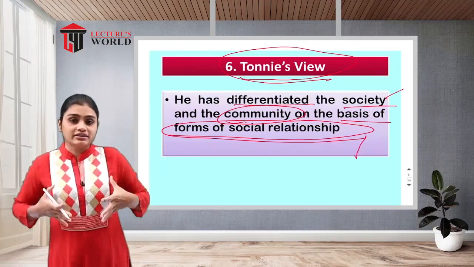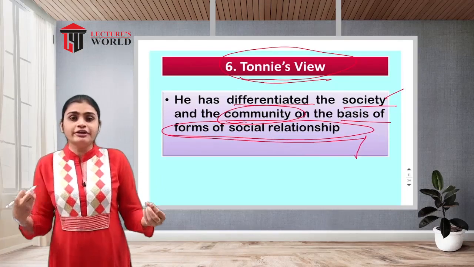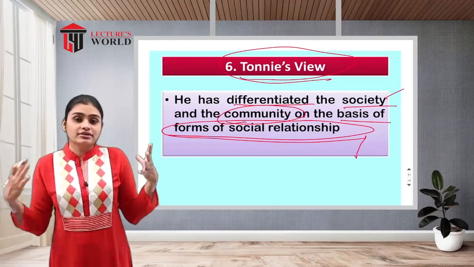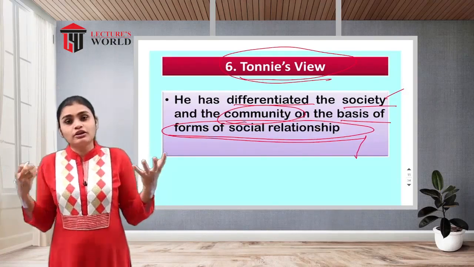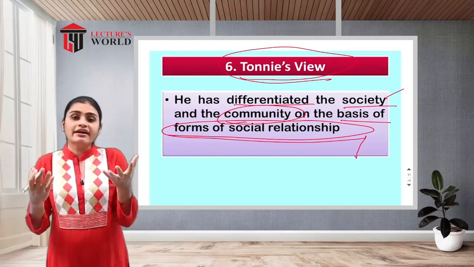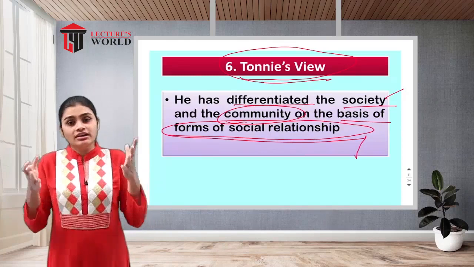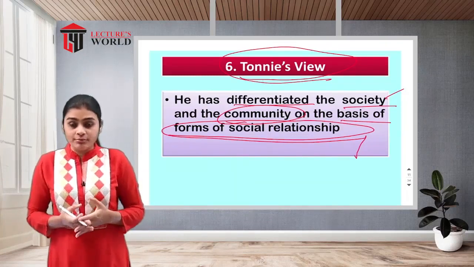Society, as I told you, is where individuals come together, form one group, and that group lives in a particular area. So that is called your society. Similarly, the community means a group of people who have some same characteristics and all live in the same place or area. So that is your community.